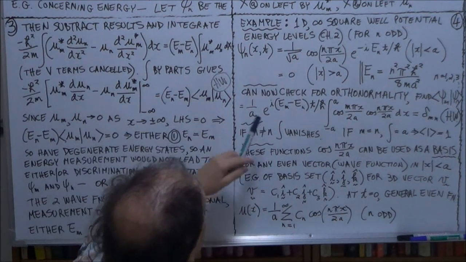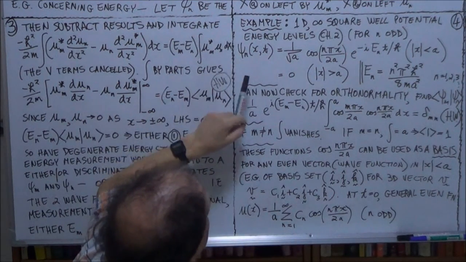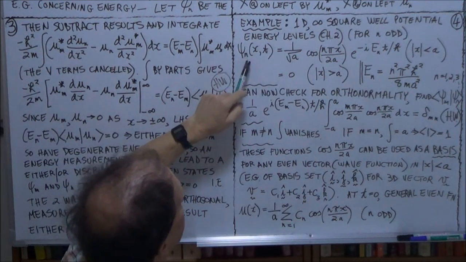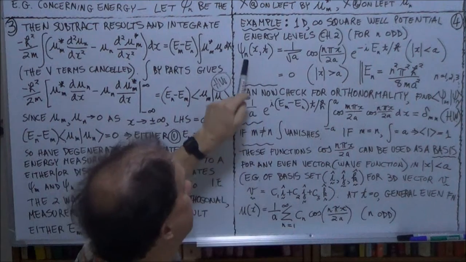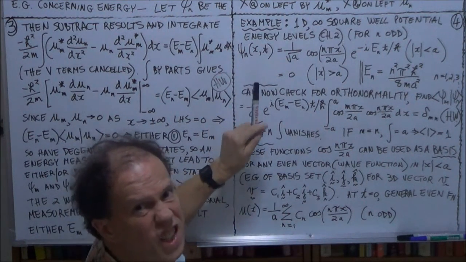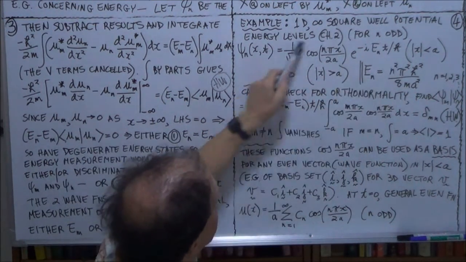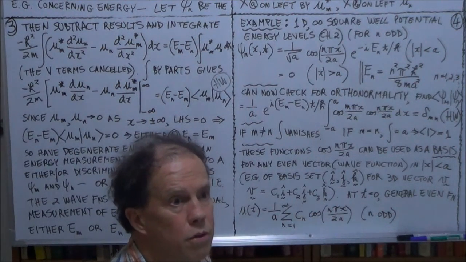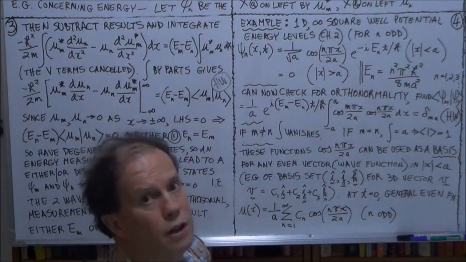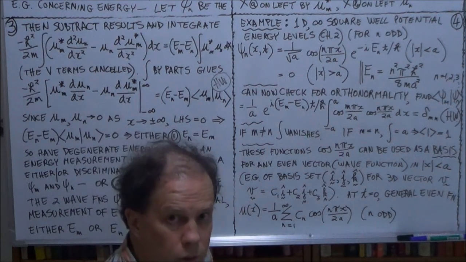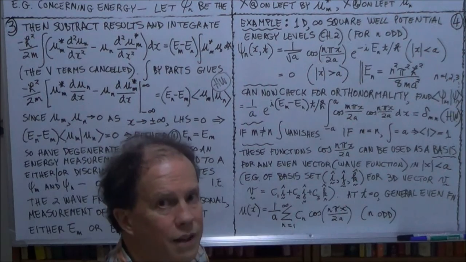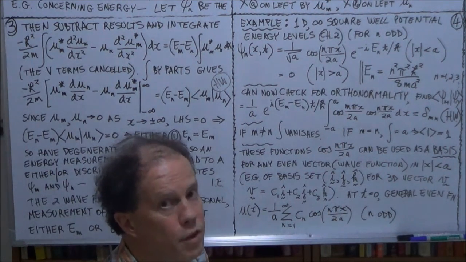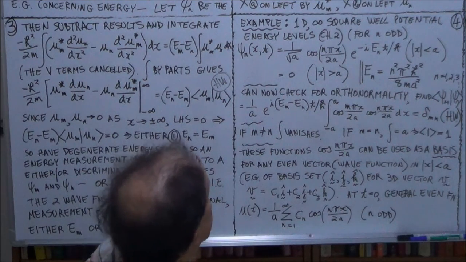Okay, so let's check whether, for a given n, we could have psi m and psi n with these values, and whether those two different wave functions are orthogonal. In other words, is the bracket, or the overlap integral, same thing, zero or not? We can check that.